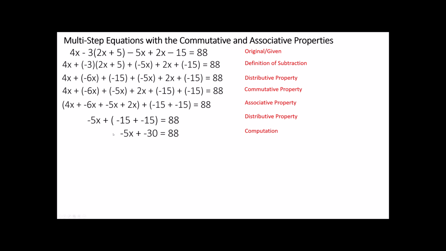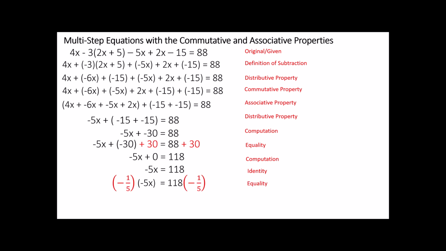At this point, I'm in my familiar two-step equation format, and hopefully by this point in time you realize that we're just going to use the property of equality, computation, identity to get rid of the -30, property of equality, computation, and identity to get rid of the -5. Notice once again that equality, computation, identity pattern, which comes up over and over again.